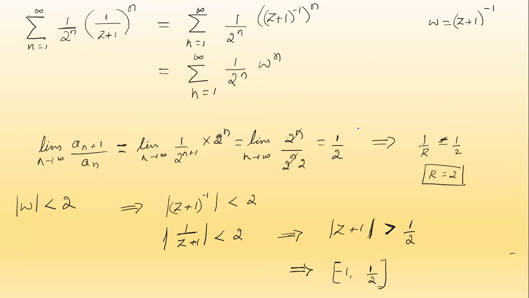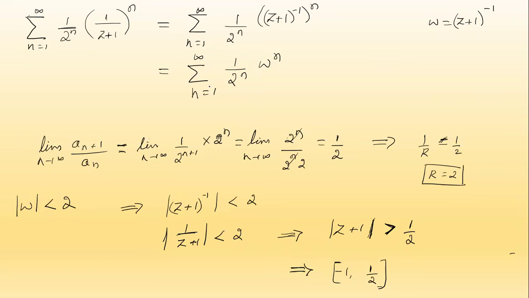We can write it as, if we take the denominator to the numerator, we get (z plus 1) raised to minus 1, whole raised to n. Here, w is equal to (z plus 1) raised to minus 1.